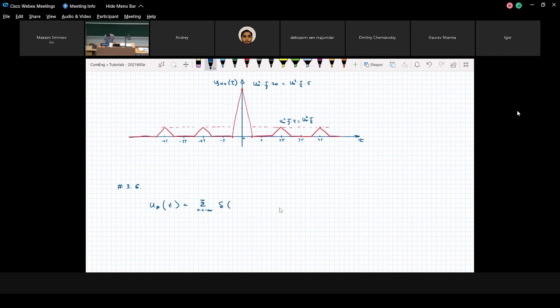We have just delta pulses. The period of this sequence is the spacing between delta pulses. It's very easy to show this function, but let's again try to analyze what we need to find. We need to determine the autocorrelation function and power spectral density.